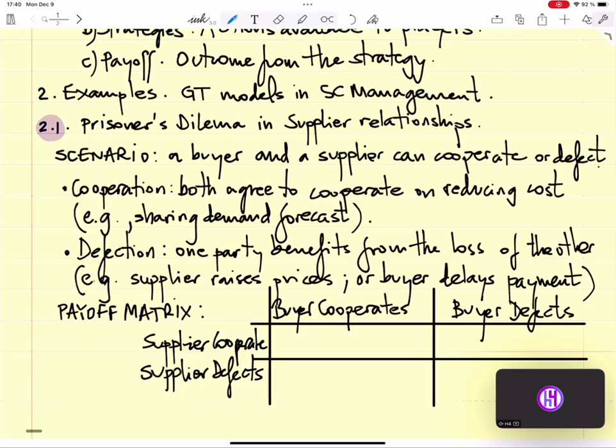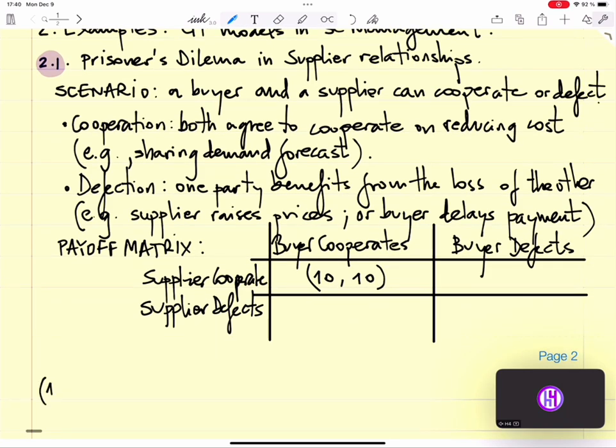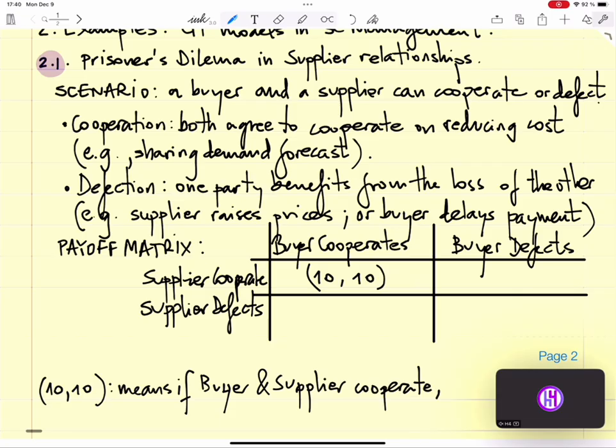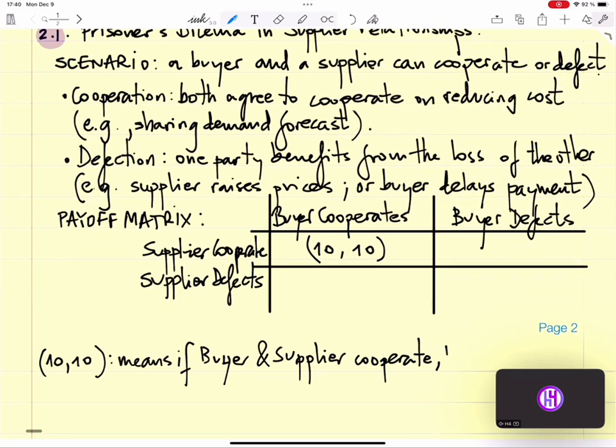If the supplier cooperates and the buyer cooperates, the buyer wins 10 and the supplier wins 10. So if both cooperate, both win 10.